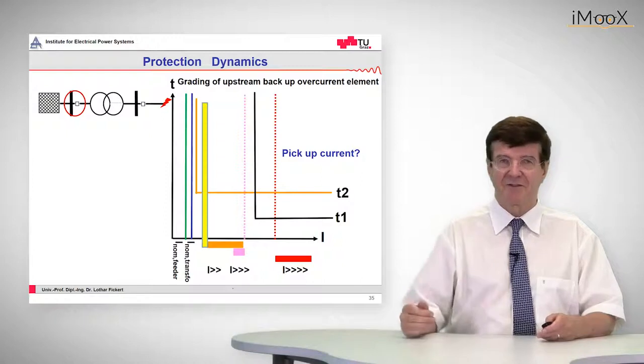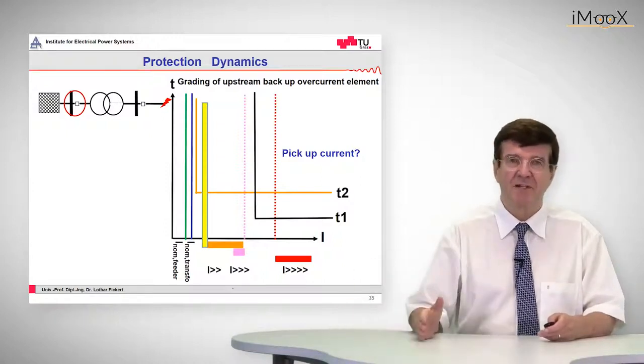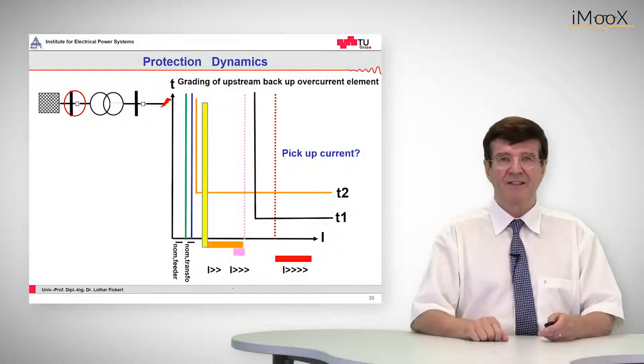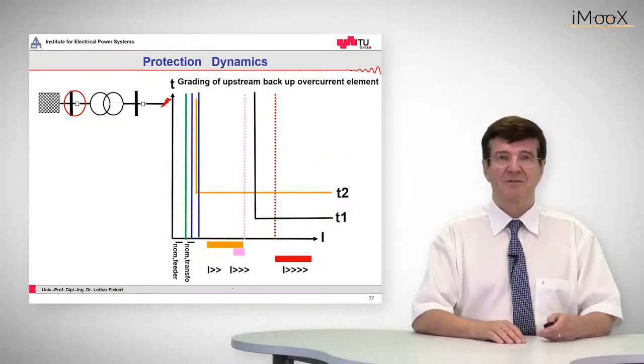That is the short circuit at the far end of the longest feeder, so it must pick up below that value. On the other hand, it should be above the maximum nominal current of the transformer in order not to impede normal operation. And if we have found a value for that, then this is the complete picture.